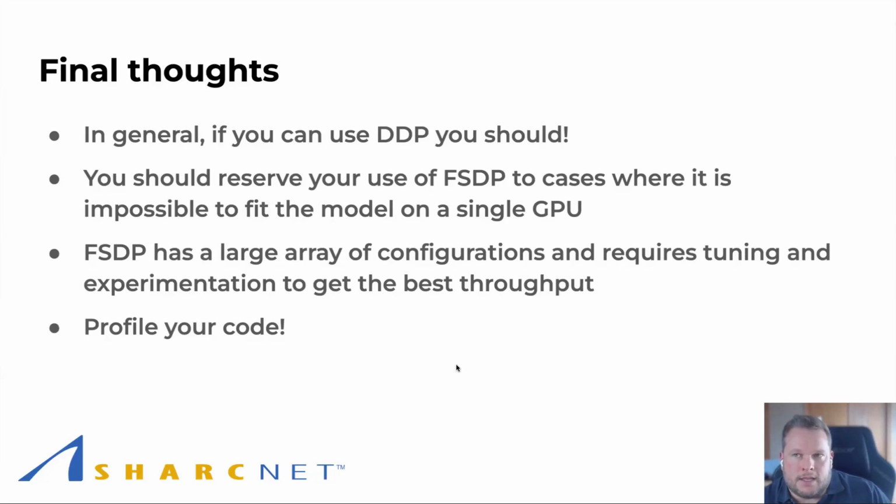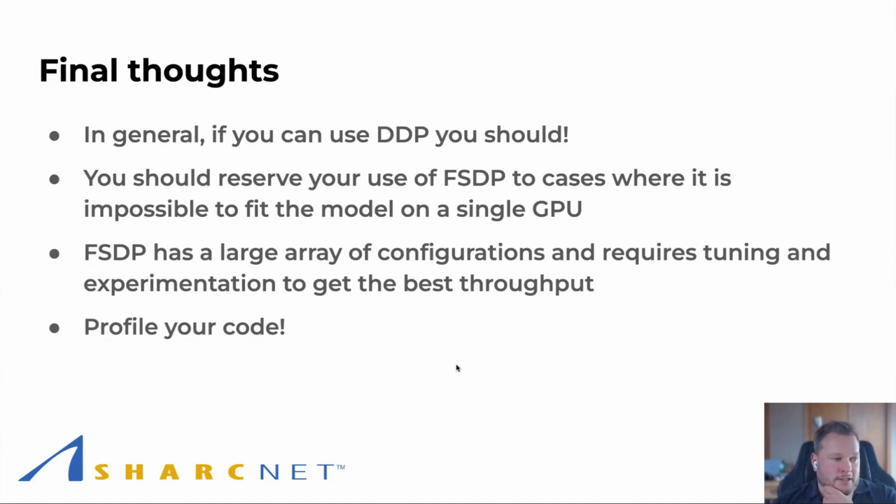It has a very large array of configurations, and it requires lots of tuning and experimentation to find the best footprint and throughput. But if you can't fit on a single GPU, this is the way you have to go. You can also use something called pipeline parallelism, but PyTorch has moved away from that in recent years, I've found, and the support for it isn't what it used to be.